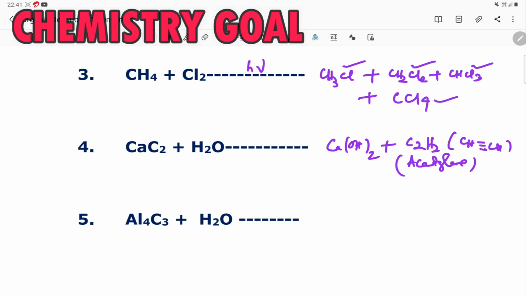This is a very important preparation of acetylene, that is ethyne. Aluminium carbide when it reacts with water will produce aluminium hydroxide along with methane gas. This reaction is also important for your examination, and the product methane is very important.